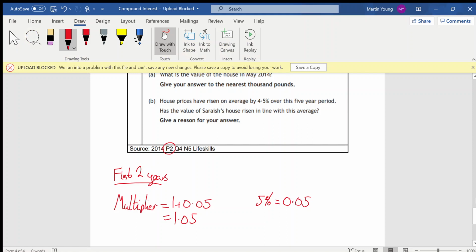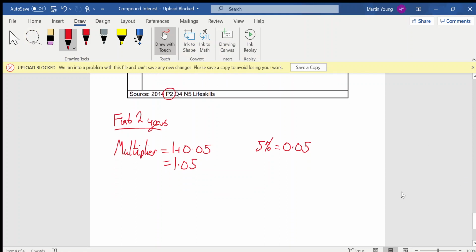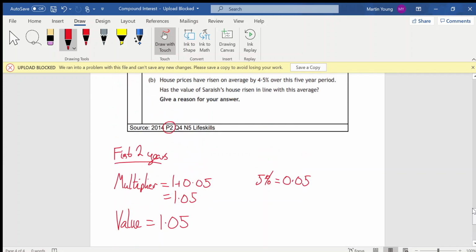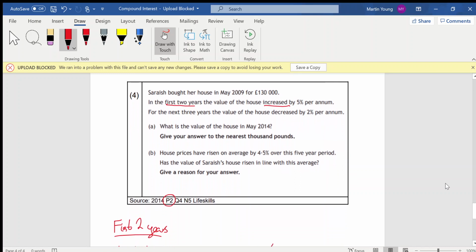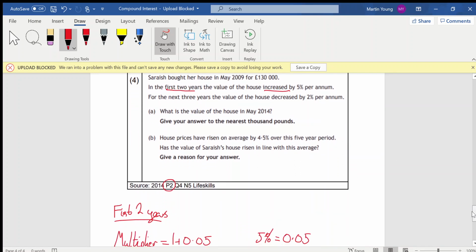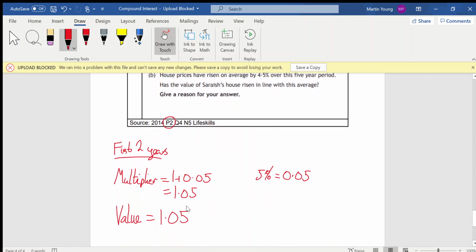Then what we're going to do is, to work out what the value is, we take that multiplier, we raise it to the power of the number of years that we've got that for, which was 2, and then we times it by the original, which is 130,000. So it's to the power of 2, and it's times 130,000.